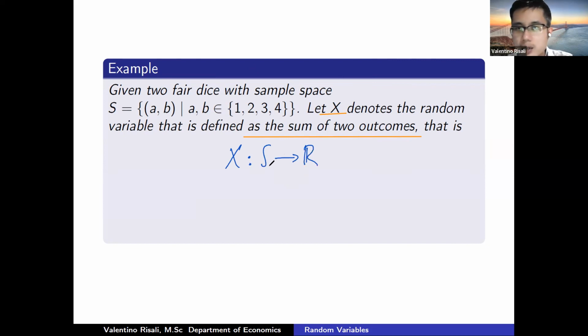Could someone answer the formula for each pair A and B? The sum of two outcomes, that is the random variable. Yeah, this is the keyword, the sum of two outcomes.